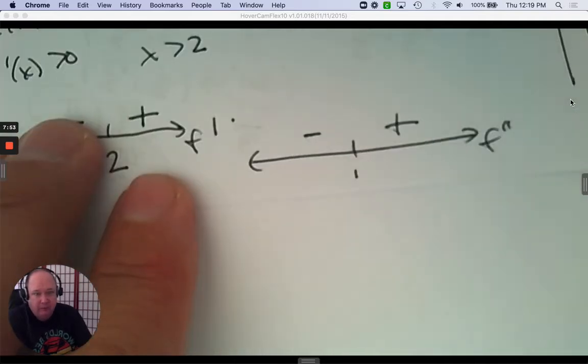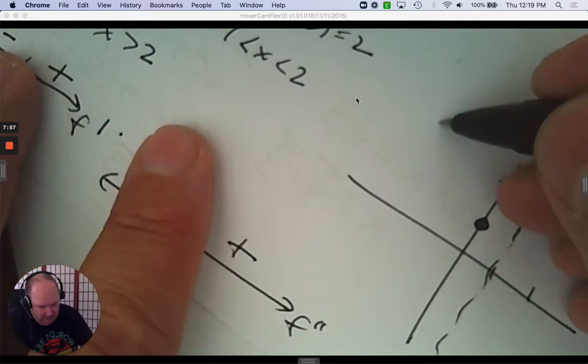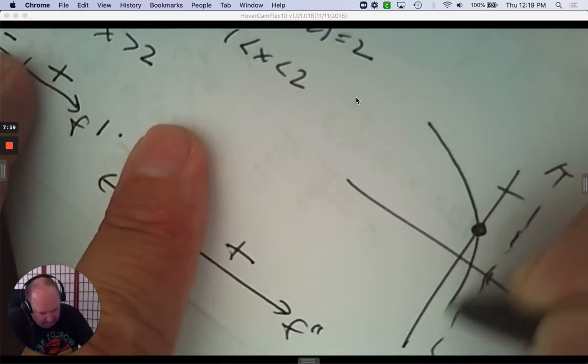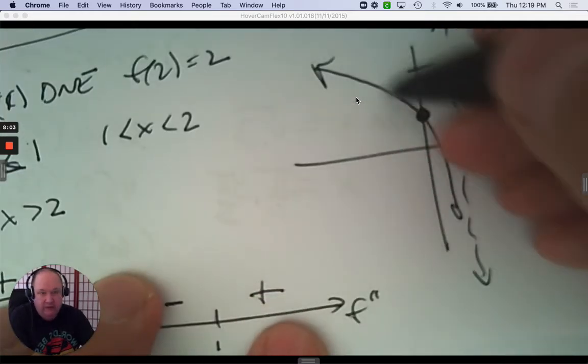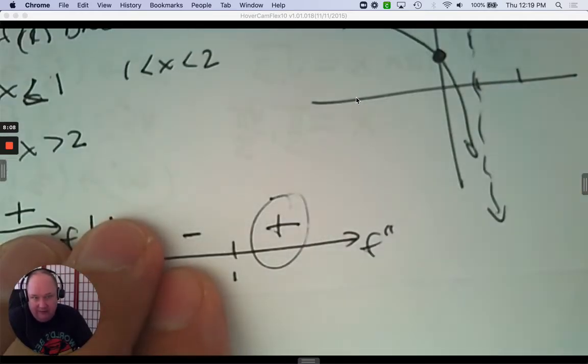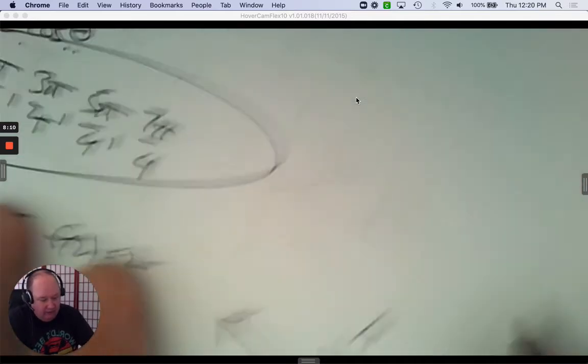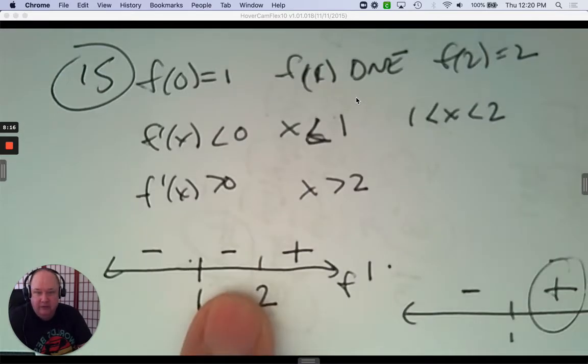So just to be able to read it, understand concave down and concave up. We have concave down on this side, so it's decreasing and concave down. And then on this side, it's concave up. Now, it's still decreasing from 1 to 2.